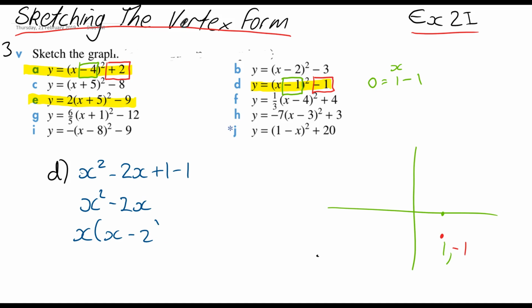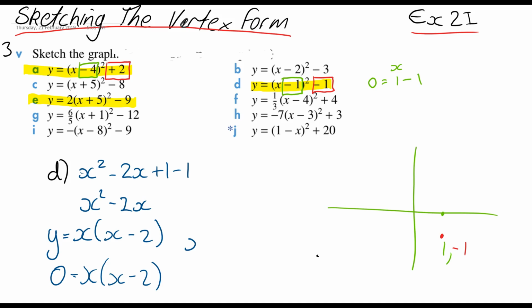Now, when y is 0, I'm finding my x-intercepts. So what I do is y is 0 equals x outside of x minus 2.